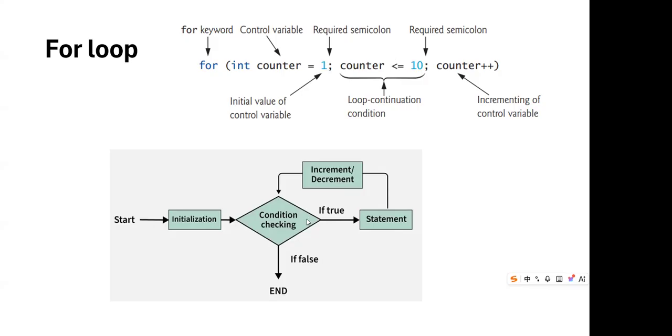If the condition is true, we go to the for block, maybe a certain collection of code there. Once we have done, we increment the counter, and then we go back to the condition checking. Once the condition is no longer valid, maybe the counter is over 10, then we will end the for loop.